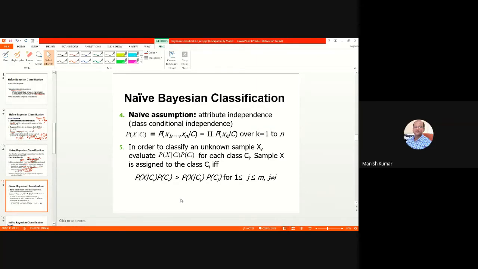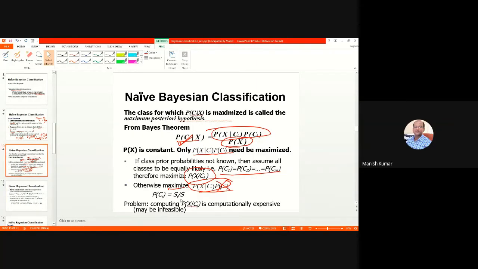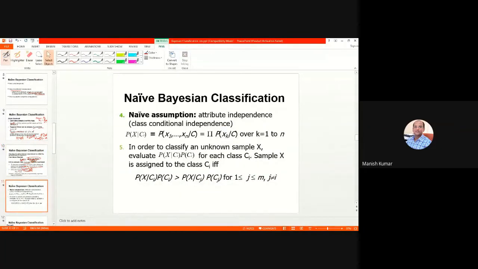As I told you, if there is a dependency between attributes, then computing P(x|Ci) is computationally expensive, and sometimes infeasible as well. So we apply the naive assumption, attribute independence, or class conditional independence.